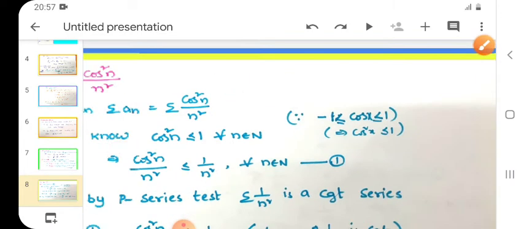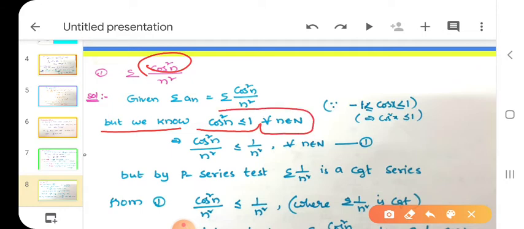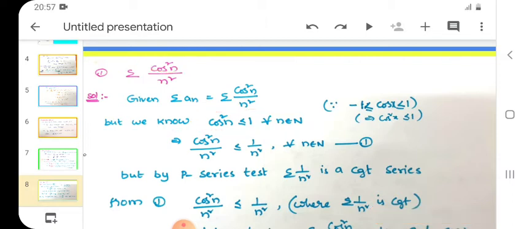Here we have cos square n. So I write cos square n less than or equal to 1 for all n belonging to natural numbers. Is it clear? First I take the value of cos square n, which is always less than or equal to 1.